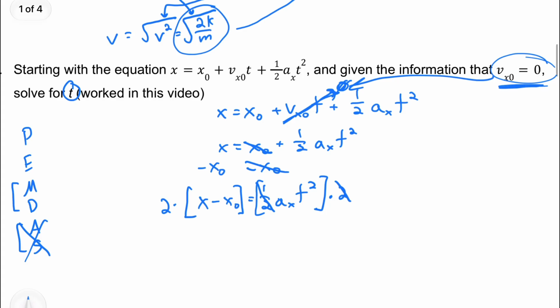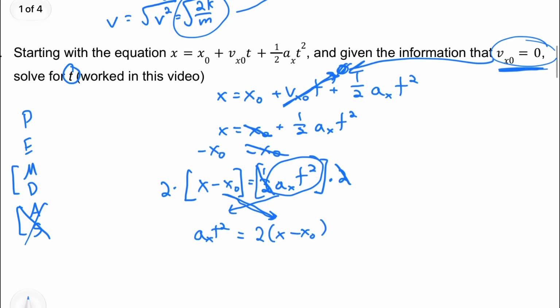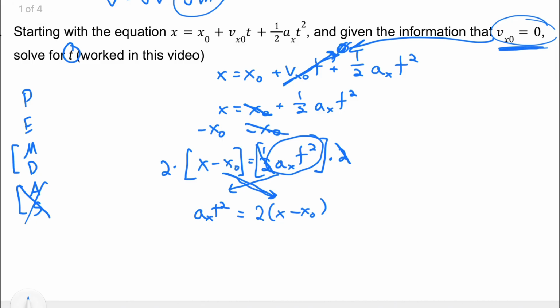And now, to make things a little bit complicated, I'm just going to swap sides as I write these. So a sub x t squared is all that's left over on that right side. I'm just going to write that on the left side. And then what we now have over on the right side, which I'm rewriting from the left side, I'm going to pull that down over here, is 2 times x minus x naught. And then we still have a multiplication or division that's occurring to the t, right? So we still have t squared and it's being multiplied by a sub x.